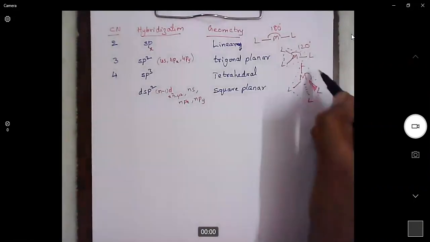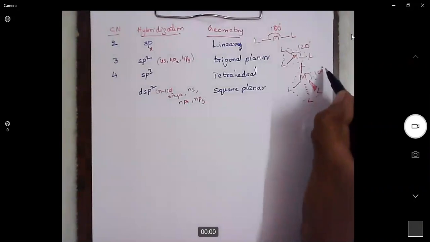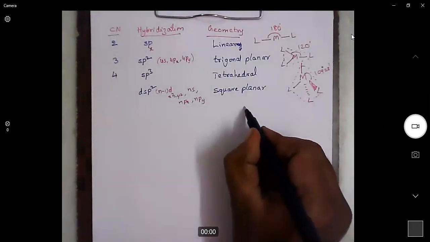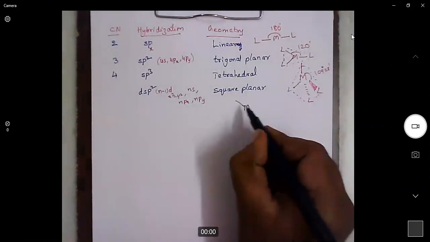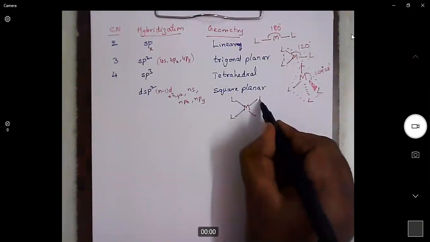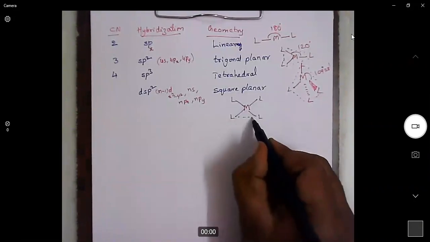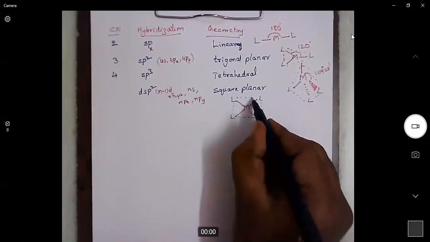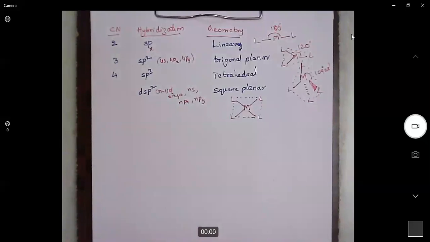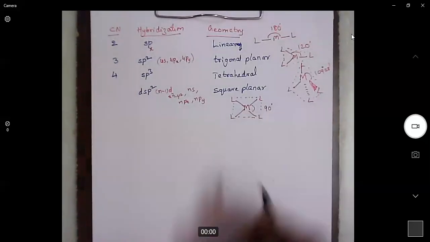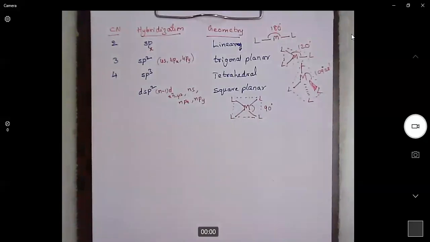Another point is bond angle 109 degrees 28 minutes or 109.5 degrees. What is square planar geometry? This is square planar geometry. Metal and 4 ligands, all of them are in the plane. It represents like a square. The bond angle is 90 degrees.